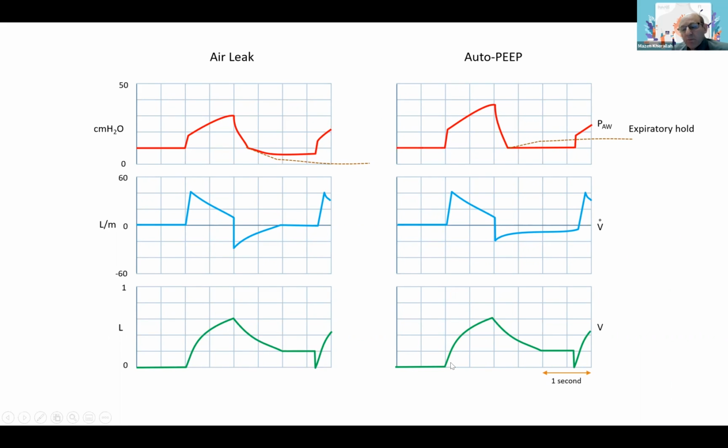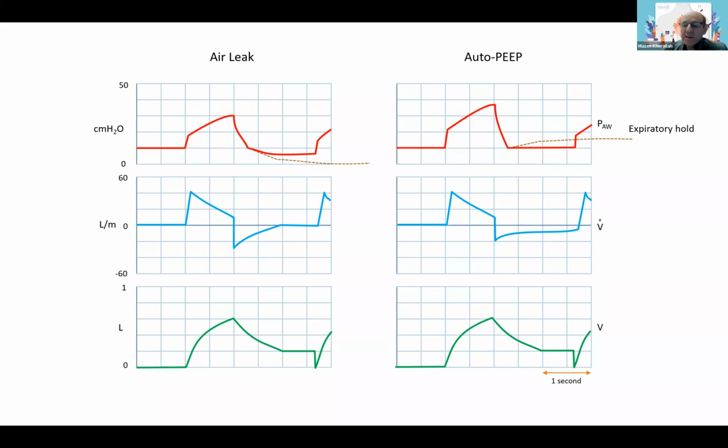In the auto PEEP, we put 500 in, we got 400 out, we kept 100 inside the lungs. So the volume over time would be the same. We put 500, we got 400 out. Before the next breath, recalibrate. We put 500 here, we got 400 out. The remaining 100 is the air trapped.